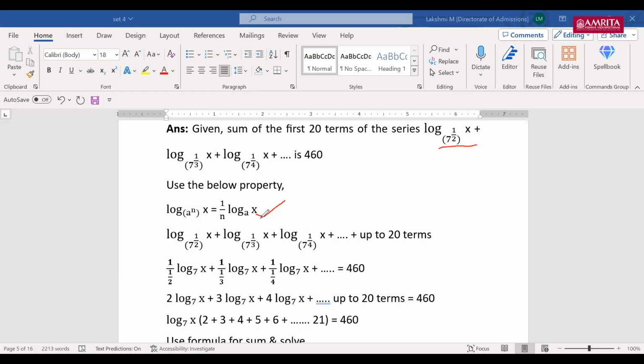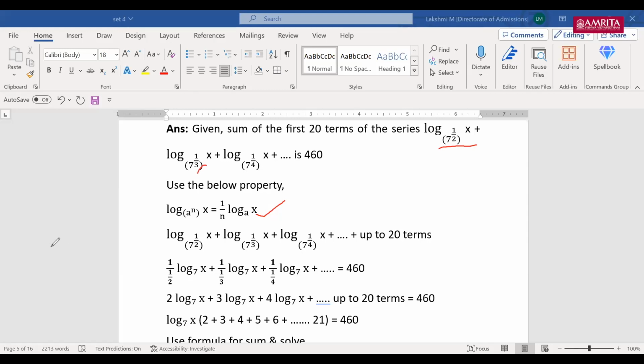Right? So how will you write all these values? It will be 1 by 1 by 2, or 1 by 1 by 3, 1 by 1 by 4. That's the form, because n here is 1 by 3. So it will be 1 by 1 by 3 log a x. A is actually 7 here. So log 7 x. I hope this is clear to all of you.